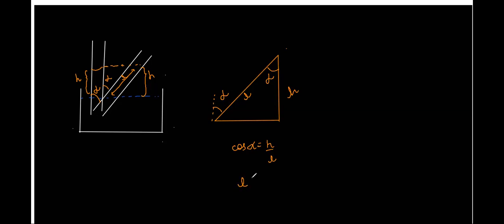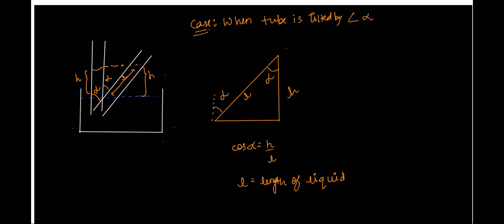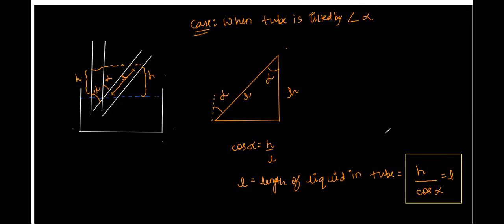So I can write the length of liquid in the capillary. This is the case when the tube is tilted by angle alpha. Then the length of liquid in the tube is L equal to h by cos alpha. So please take this down. This is the last formula in this entire chapter which I wanted to introduce to all of you. H is equal to L by cos alpha.